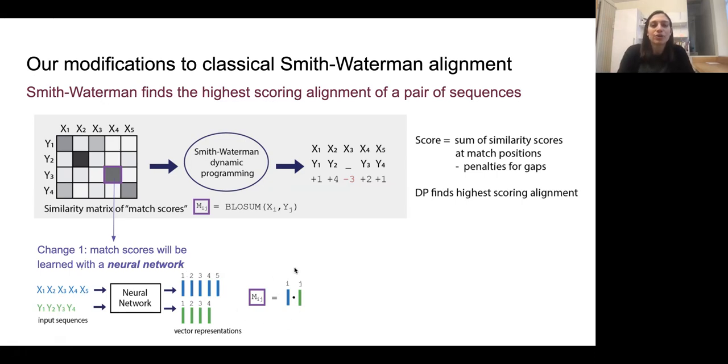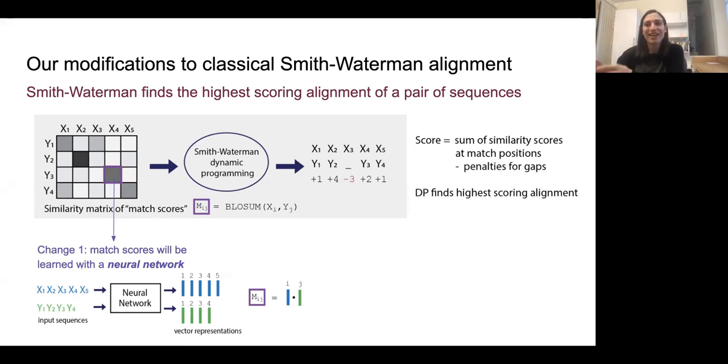Now we'll take our match scores by taking the pairwise dot product of these vectors. The idea is that if the amino acids are playing similar roles in two different sequences, then they're going to be embedded in similar parts of space. And so the dot product between those two amino acids in their context is high, because those vectors are pointing in the same direction.